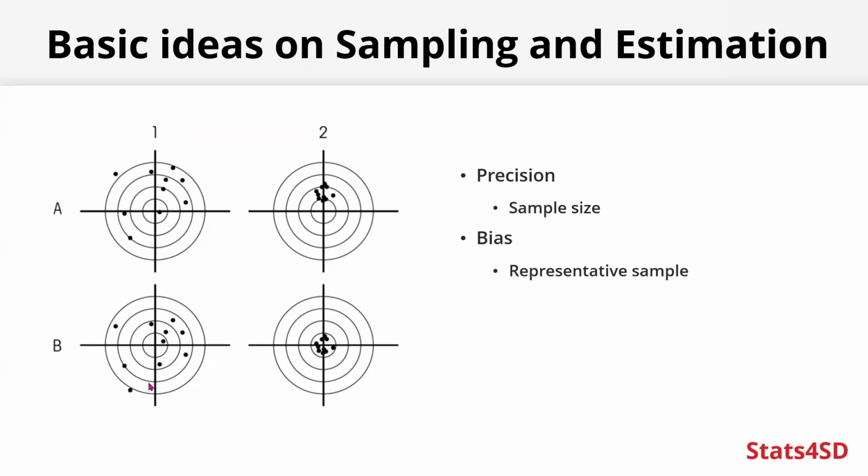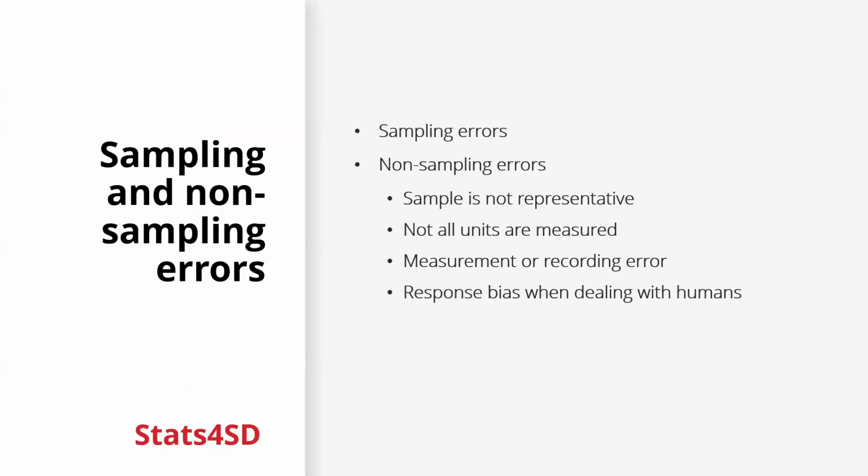The ones on the left show low precision in the estimate, regardless of whether they are biased or unbiased, because the variability around the true value is large. And on the right-hand side, we have larger precision because there is small variability around the target.